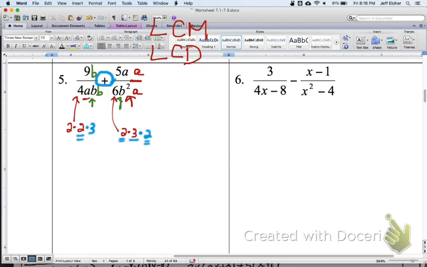So notice now we have all the same numbers and we have all the same values. We just have to remember that since I multiplied this one by 3, we need a 3 multiplied by 3 up at the top. And then since we multiplied this one by 2, we need to multiply by a factor of 2 up at the top.